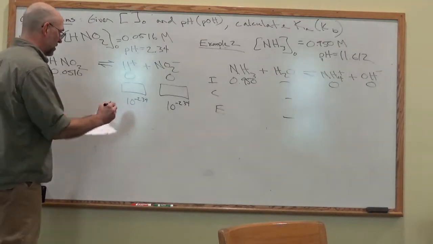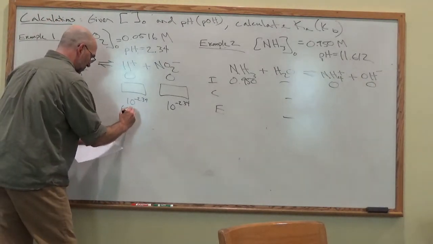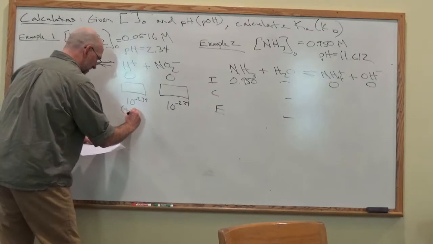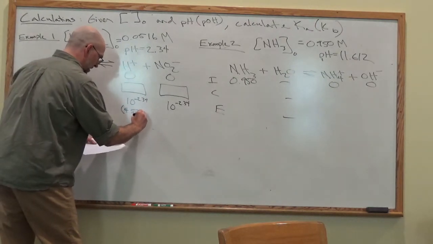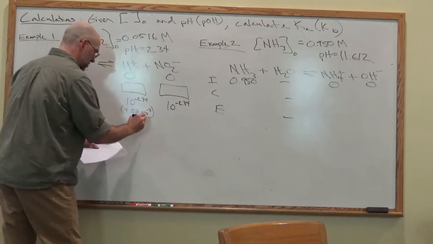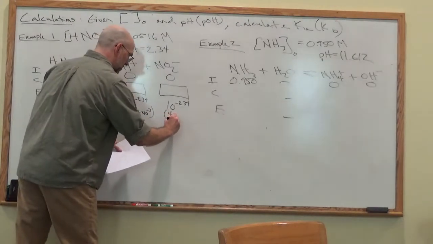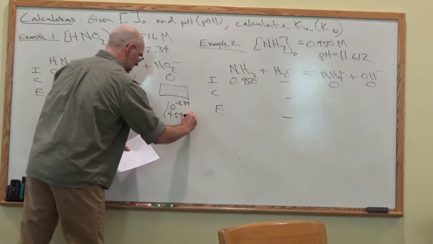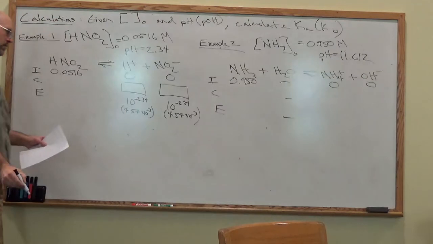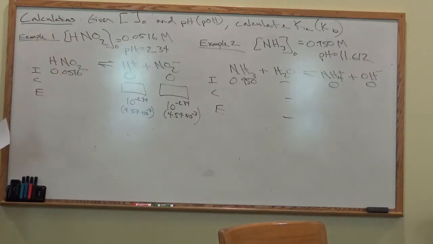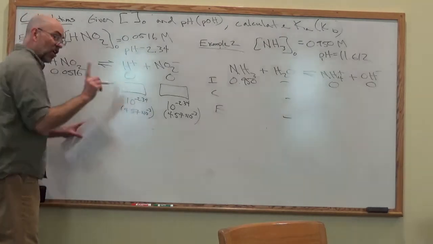Double check all of this. If you do that math, this is 4.57 times 10 to the minus third. So is this. Okay, well, that's how much it had to change. That's our x value.